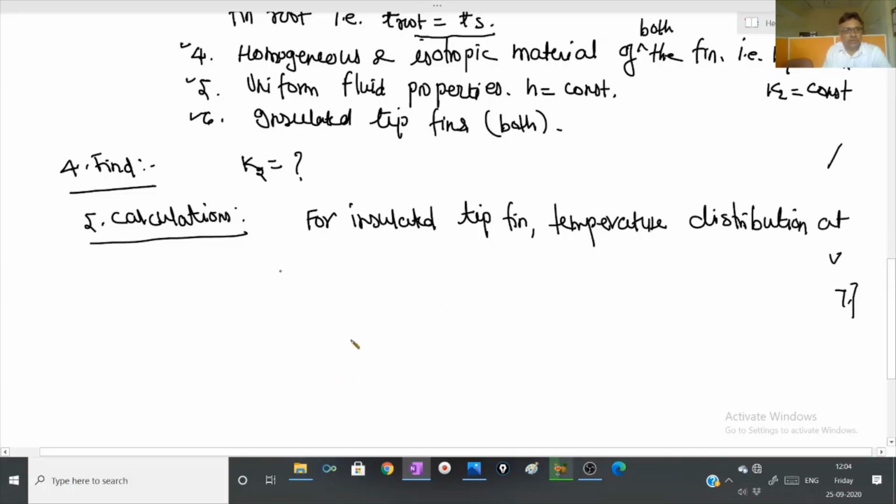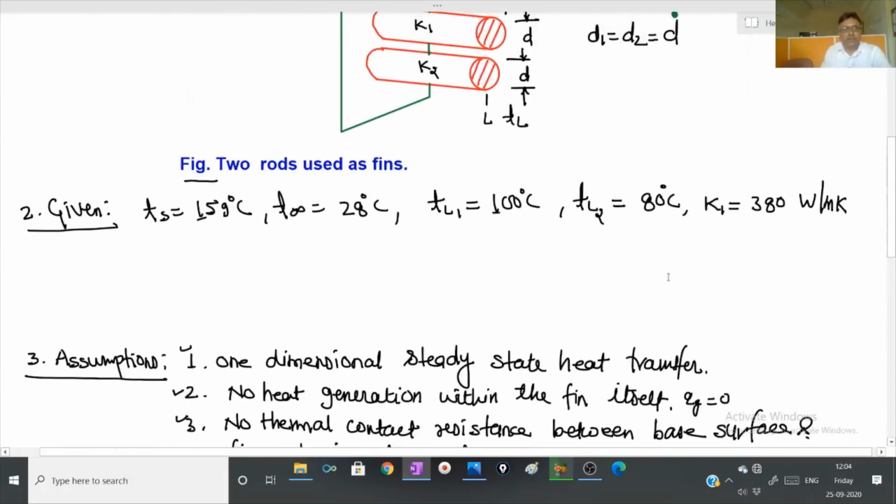For an insulated tip fin, the temperature distribution at a distance x from the base surface, let's say this represents x equal to 0 and this represents x equal to L. So at a distance x from the base surface, the temperature will be Tx.